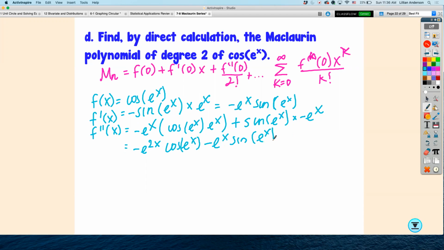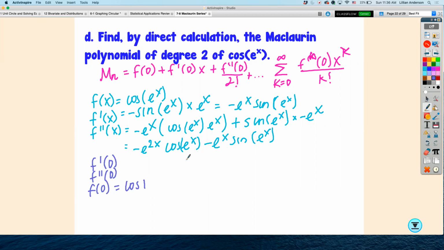Now we don't necessarily have to simplify it, but we really just need it so that we can find f prime of 0 as well as f double prime of 0. And we actually also need f of 0. Well, we already know that that's going to be just cosine of 1 when I plug in 0.